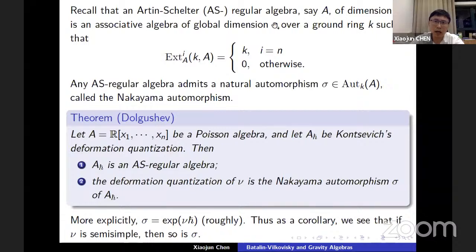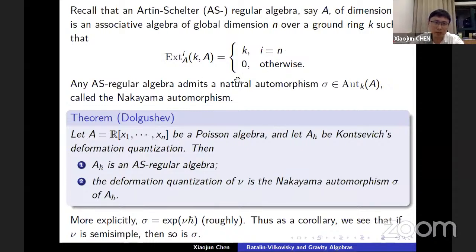Suppose I have an algebra A. We say it is Artin-Schelter regular of dimension n if it has global dimension n over K, such that Ext^i of K over A is equal to K if i equals n and 0 otherwise.